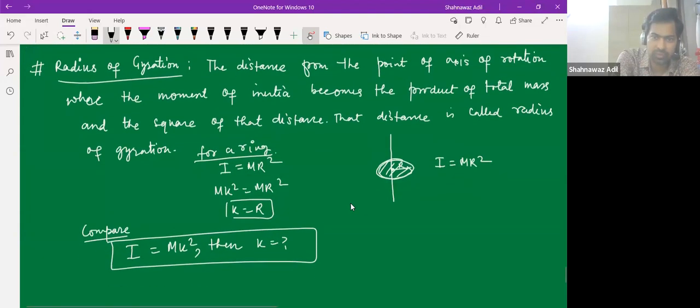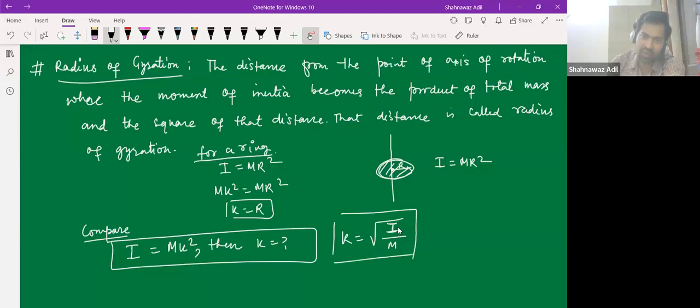K will be root I by M. K would be root I by root M, and we can put in all the values of I. So for different objects, this moment of inertia is dependent upon the orientation, size, shape, axis of rotation, mass, all these things. So we have seen the 8 different rigid bodies.